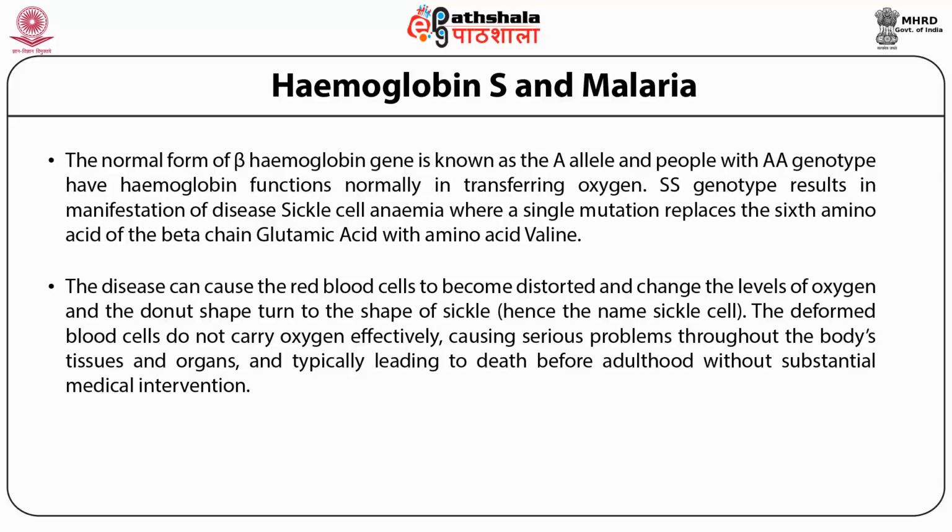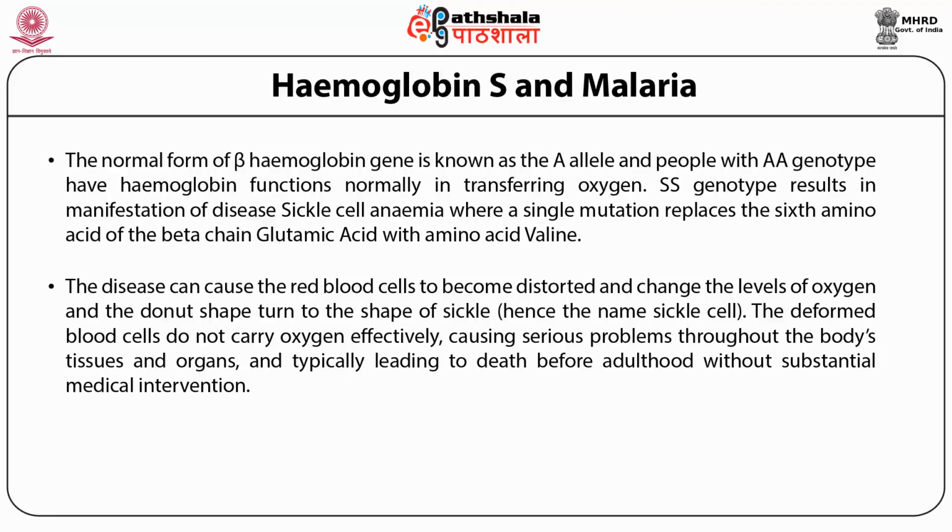Hence, the name sickle cell. The deformed blood cells do not function properly and do not carry oxygen effectively. This causes serious problems throughout the body's tissues and organs, typically leading to death before adulthood without substantial medical intervention.